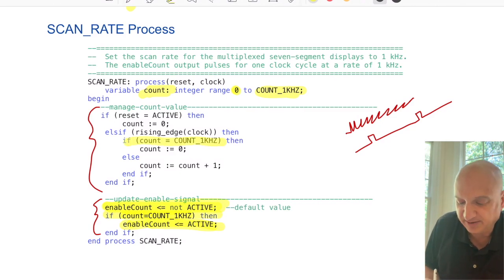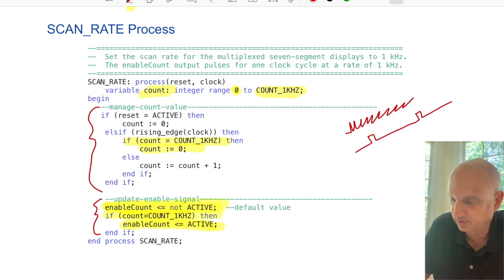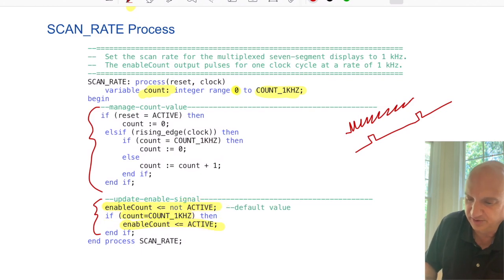Then when it comes back the next time and it is the count, it'll reset the counter to 0 and start the whole process all over again. That's kind of how that works. So we separated out the sequential pieces from the combinational pieces. Now there's another advantage to doing this declaration this way.